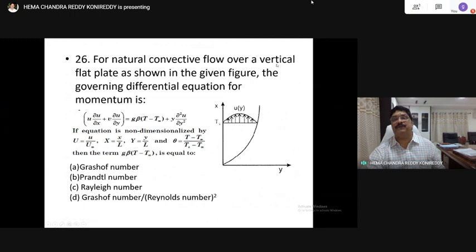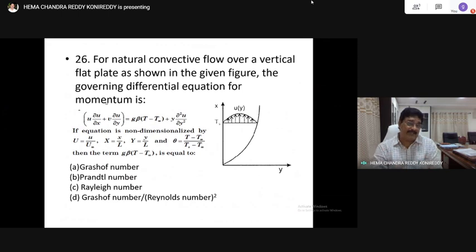For natural convection flow over a vertical plate as shown in the given figure, the governing differential equation for momentum, of course, the momentum equation I did not explain to you. It is normally g beta delta T L cube divided by nu square, which is the Grashof number. g beta delta T is only the buoyancy force, and therefore g beta delta T is equal to Grashof number divided by Reynolds number square.